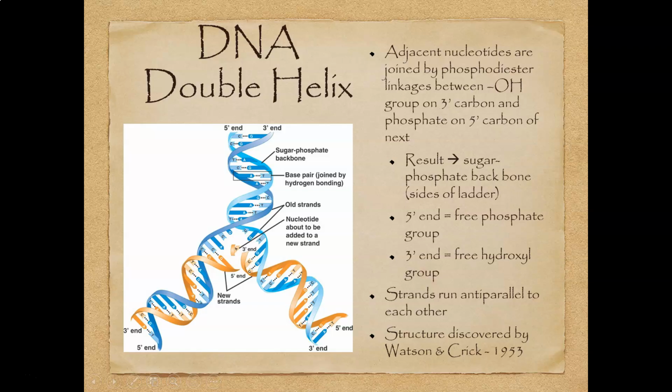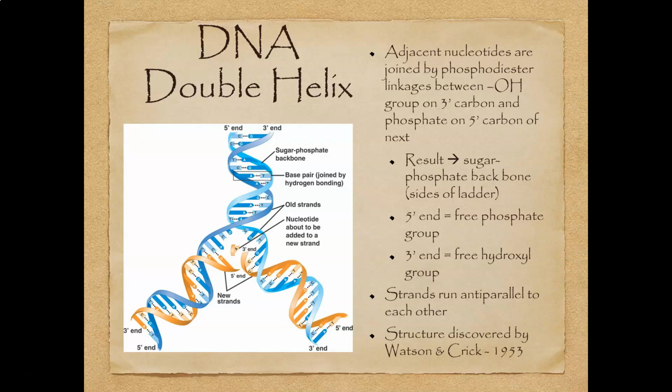This becomes an interesting piece when we look at DNA replication, because in DNA you have order to the sequence. Just like we talked about the N terminus and C terminus in your polypeptide chain, there are ends to your DNA as well.